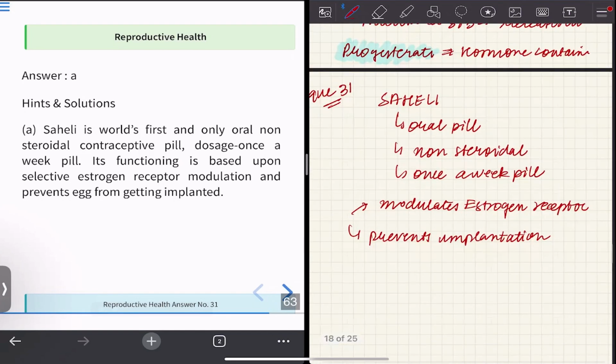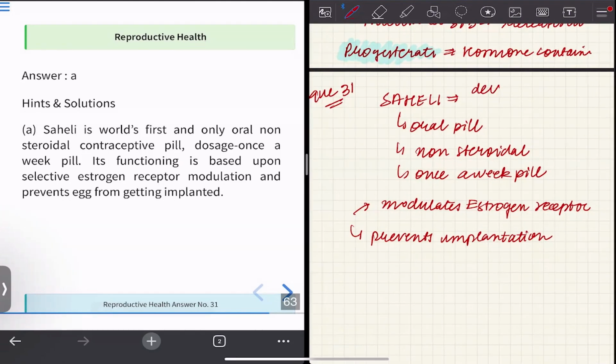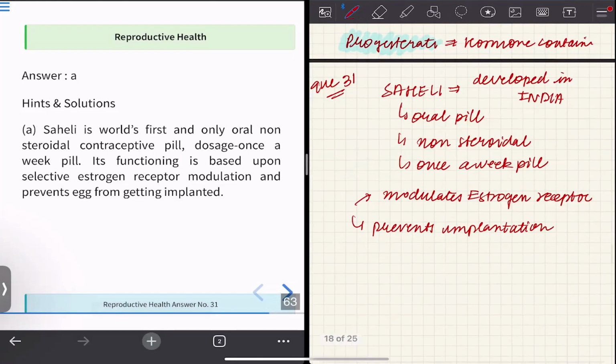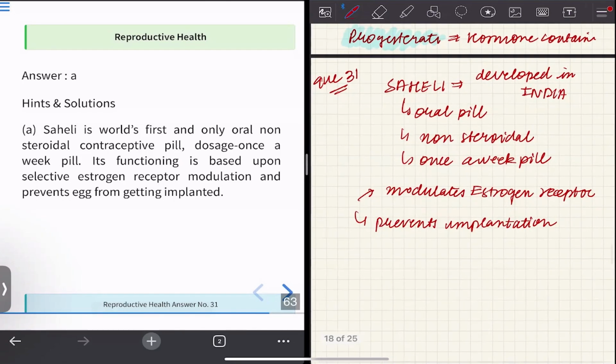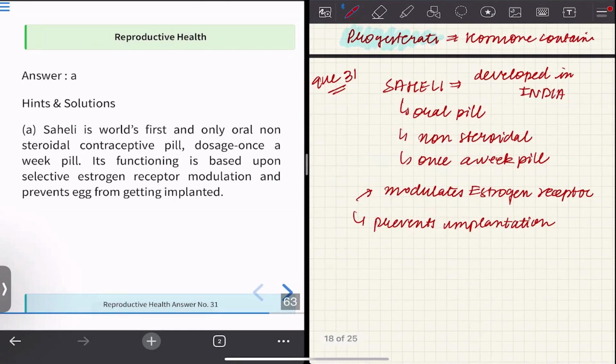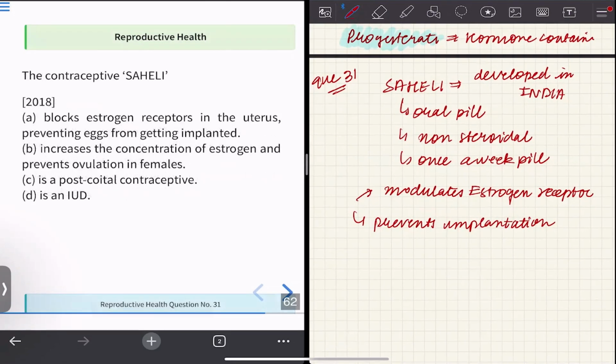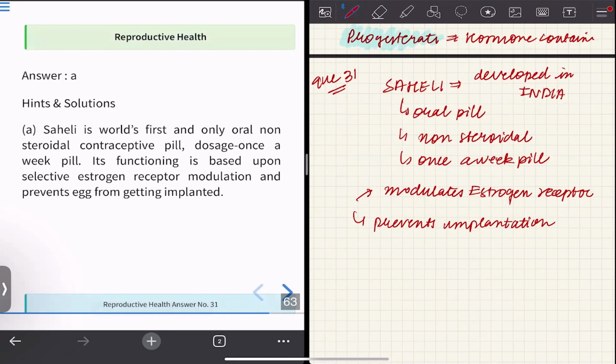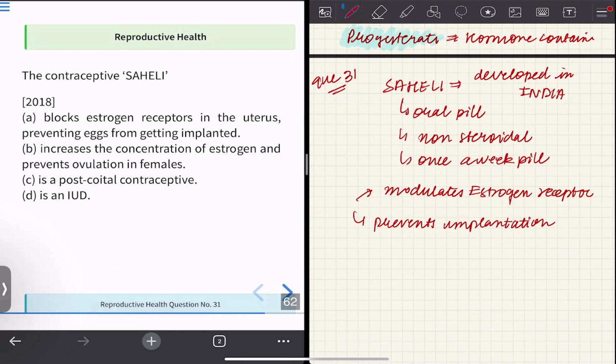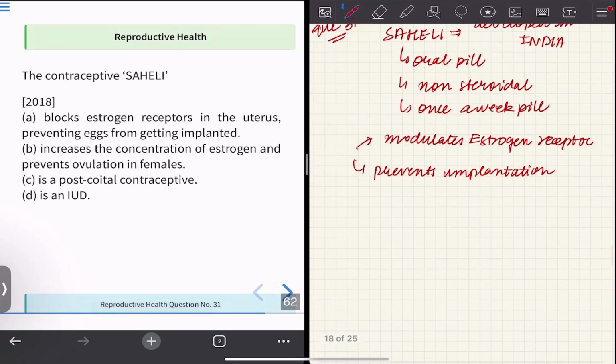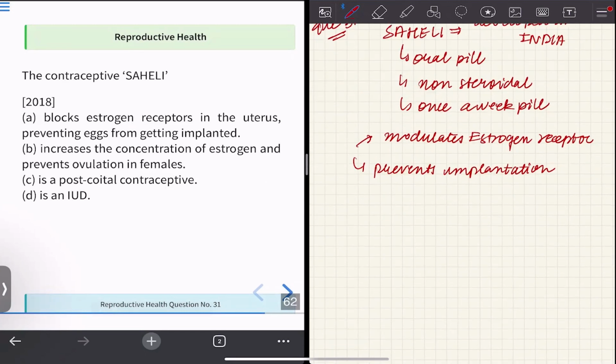So what are the salient features of Saheli? It is a contraceptive pill, which is oral, non-steroidal, and we have to take it once a week. How does it act? It prevents implantation and it also modulates the estrogen receptor. So it blocks estrogen receptors in the uterus and prevents eggs from getting implanted.